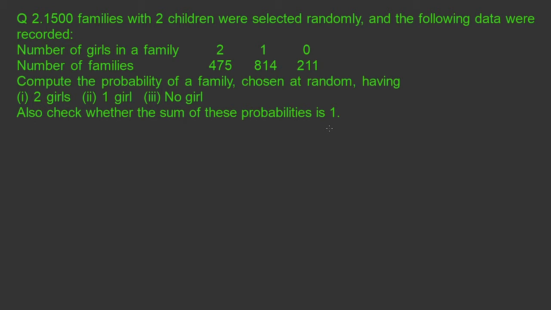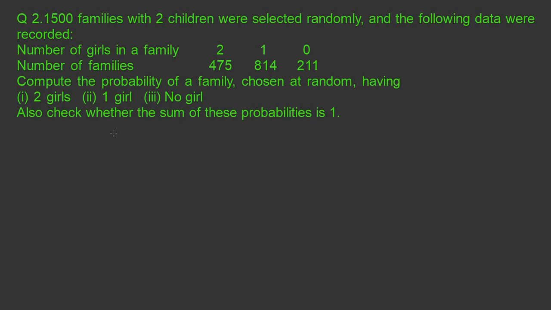Number of girls in a family: 2, 1 and 0. Corresponding number of families is 475, 814 and 211. Compute the probability of a family chosen at random having 2 girls, 1 girl and no girl. Also check whether the sum of these probabilities is 1.